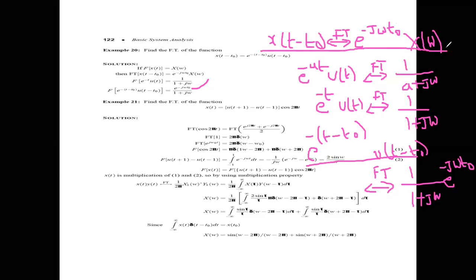We already have 1 by 1 plus j omega, and we multiply it by e power minus j omega t naught. So the Fourier transformation of e power minus of t minus t naught mu of t minus t naught is 1 by 1 plus j omega times e power minus j omega t naught, using the time shift property.